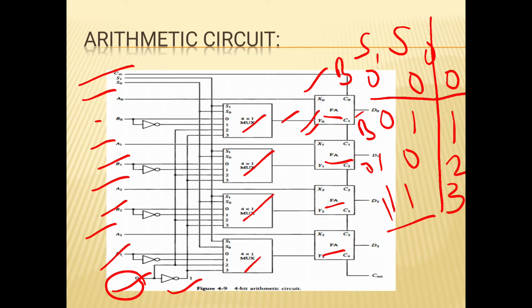And there is a Cin, that is the carry input bit, which is connected to the first full adder. If there is any previous carry, then it will be connected to the first full adder. The full adder produces output D and a carry bit, which is taken as input of the second full adder. This is the whole diagram of the arithmetic circuit.